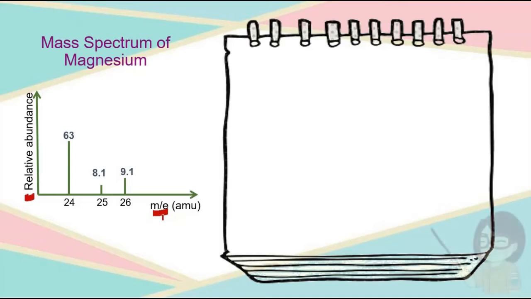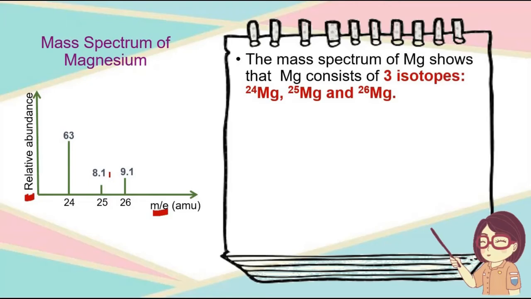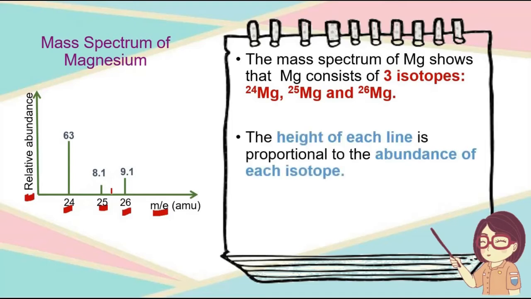Based on the spectrum, we can see that there are three lines showing in the spectrum, indicating that magnesium consists of three isotopes, that is 24Mg, 25Mg and 26Mg. The height of each line is proportional to the abundance of each isotope.